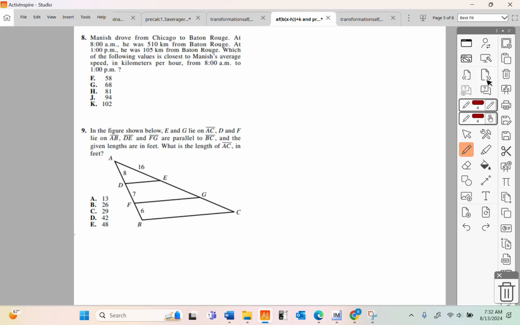Manish drove from Chicago to Baton Rouge. At 8 a.m., he was 510 kilometers from Baton Rouge. At 1 p.m., he was 105 kilometers from Baton Rouge. Which of the following values is close to Manish's average speed in kilometers per hour from 8 to 1? All right, so if we talk about time here, from 8 to 1, 5 hours have passed.